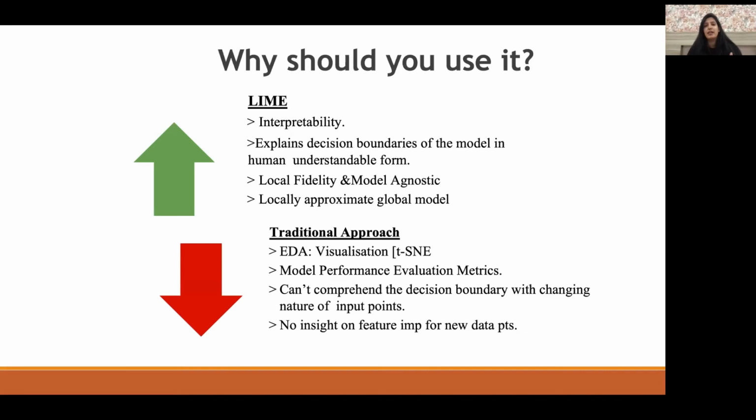Moving forward, you'd argue that I'm already very well off with traditional approaches, that I have a lot of visualization libraries and can use tons of metrics. But what these traditional approaches like EDA or model performance evaluation metrics won't do is help you comprehend the decision boundary when you're changing your inputs, or if there is a data drift or concept drift happening within your input data, because in the real world data is going to evolve.